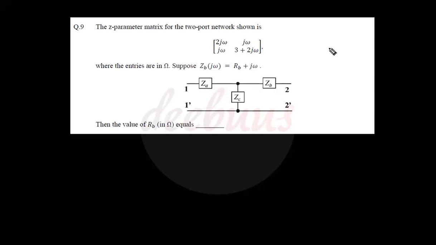So we have to check the relationship between Z matrix and a T network. Here we have to calculate ZB, right? ZC is actually this term, that is j omega, that is a sharing term, and Z11, this term 2j omega, equal to ZA plus ZC. Similarly, on the output side, 3 plus 2j omega, that is Z22.